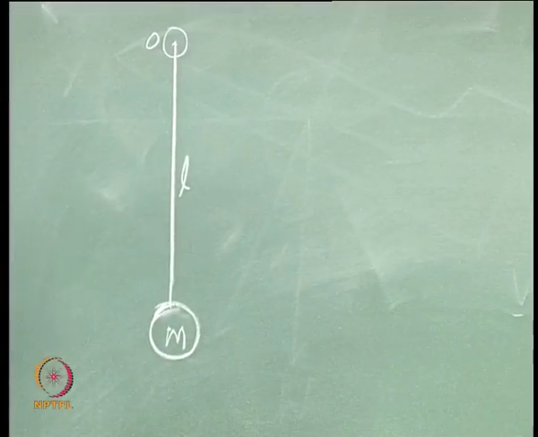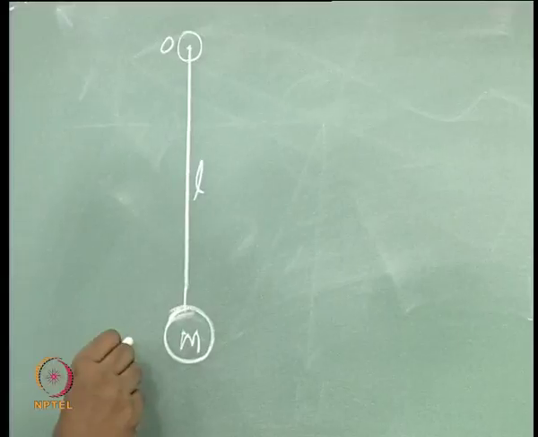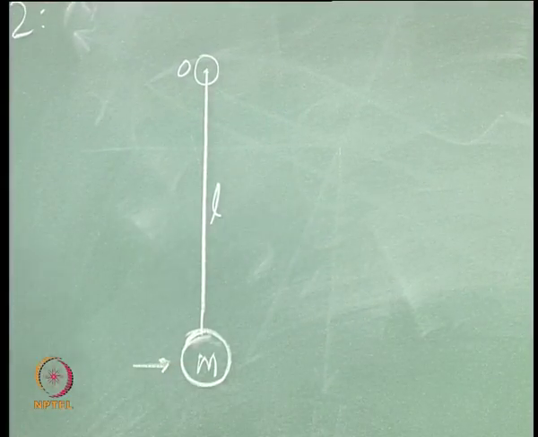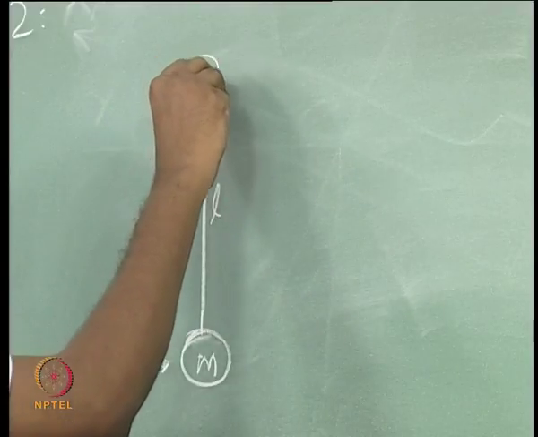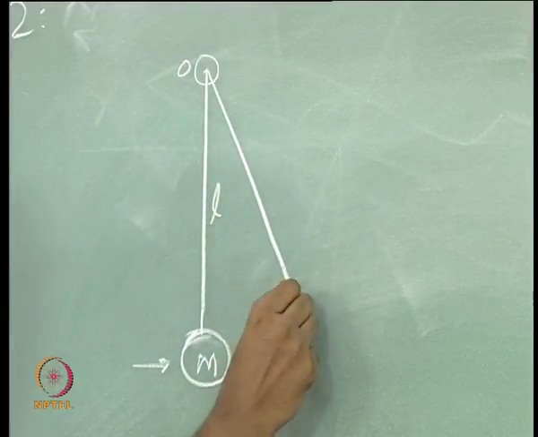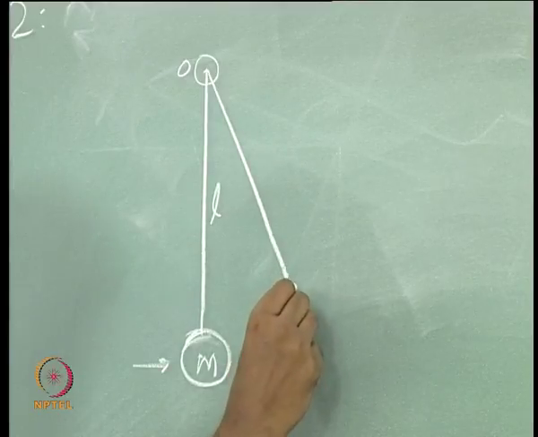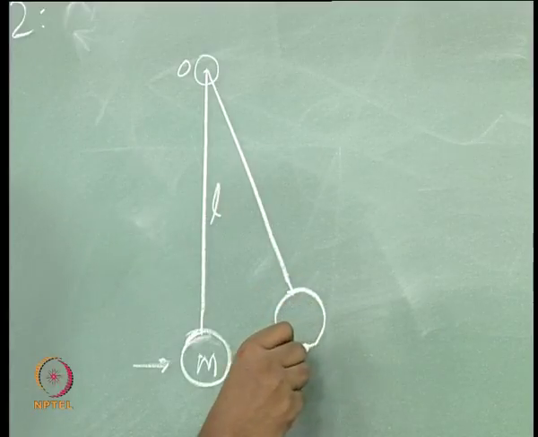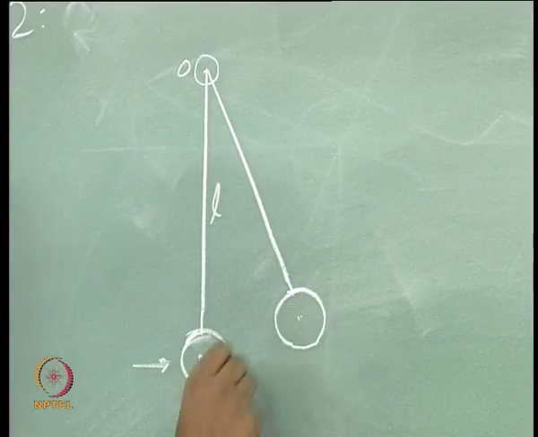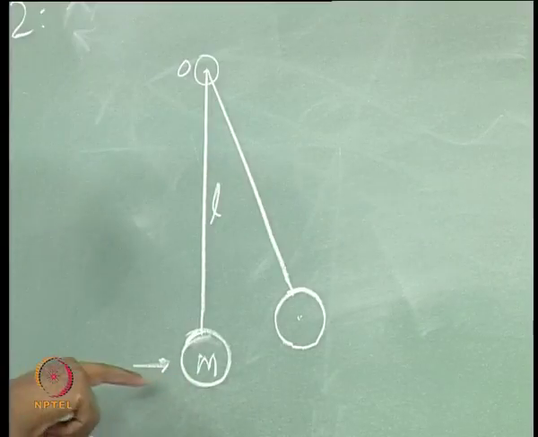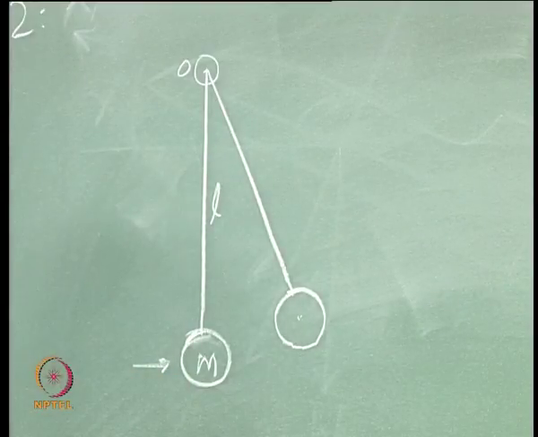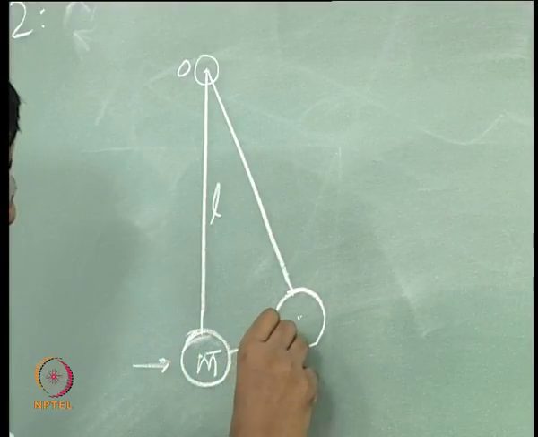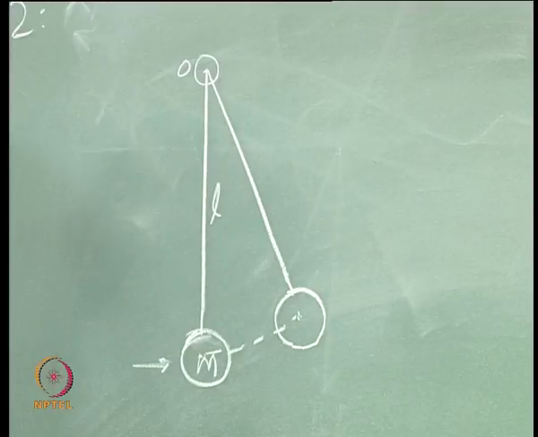Now, let us see what happens when we hit this bob from this equilibrium state. It is going to go away from this equilibrium state and, depending on the energy of the hit, take a new position.